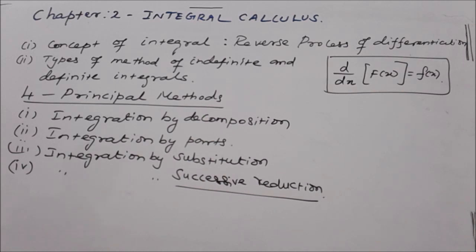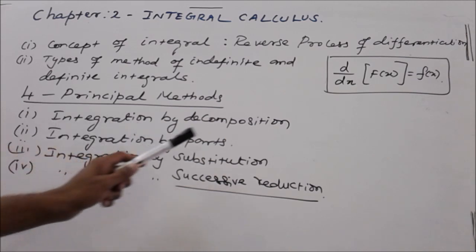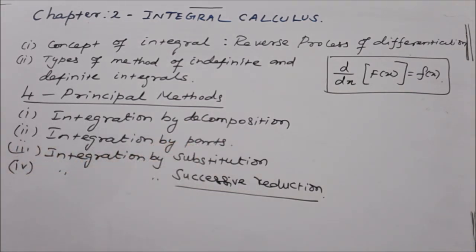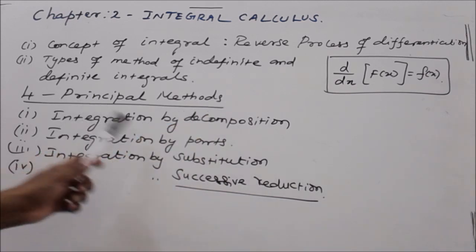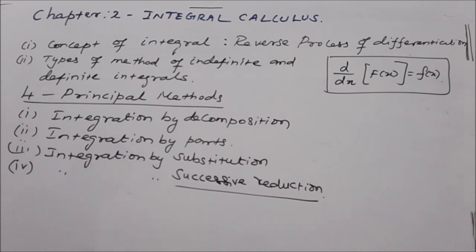There are four principal methods used to integrate. The first one is integration by decomposition. Decomposition means a given function is split into two or more functions, and then we can apply integration. The second is integration by parts, using the formula integral UdV.